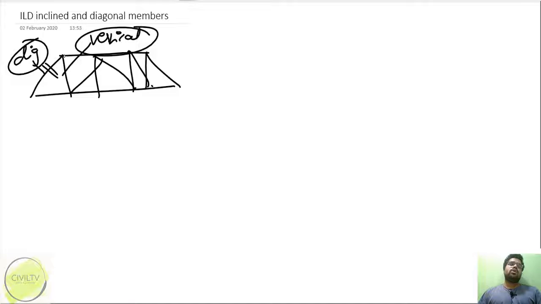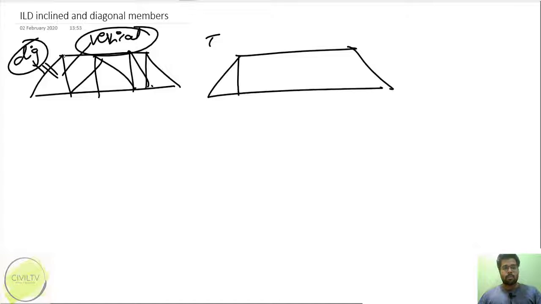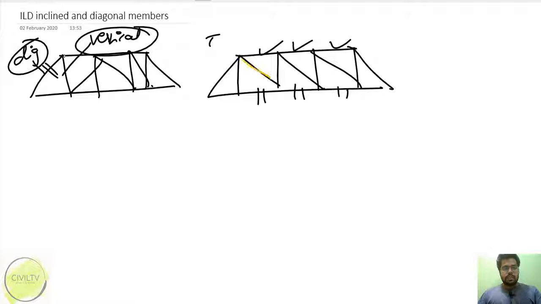In the last two lectures we have learned about the top chord members and the bottom chord members. These are the top chord members and these are the bottom chord members. This is the diagonal member, this is the diagonal member, this is the diagonal member, and these are the vertical members. So we have to draw the influence line diagram for these members.